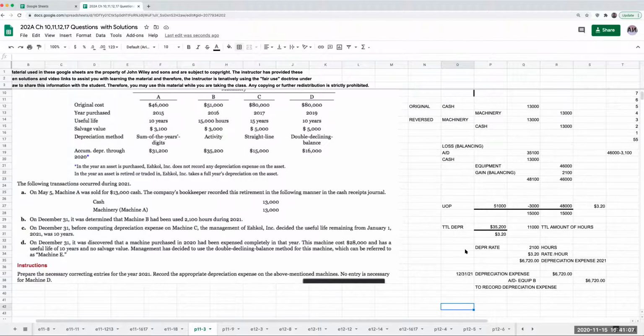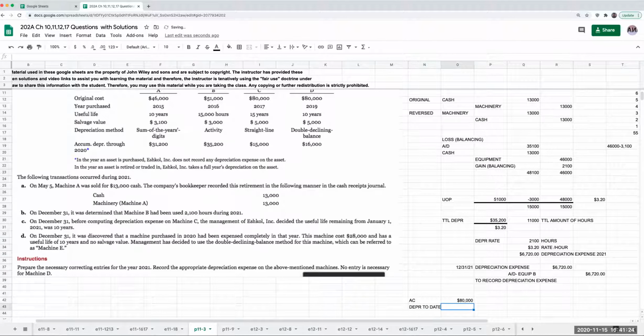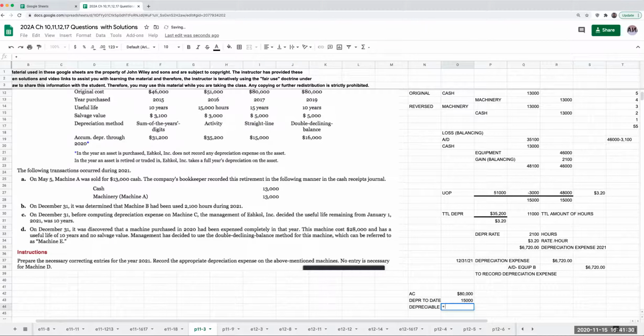Through the date of change, I had 80,000, and I have taken depreciation on this so far of 15,000. So the remaining amount of depreciation that I can take on this asset is going to be 65,000.